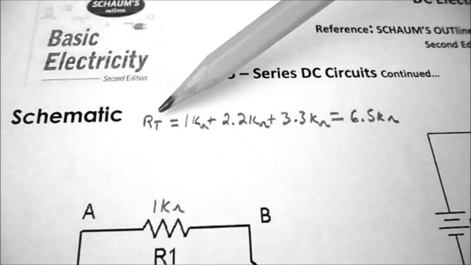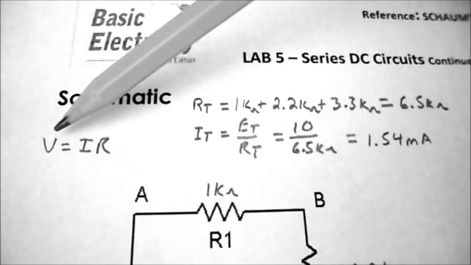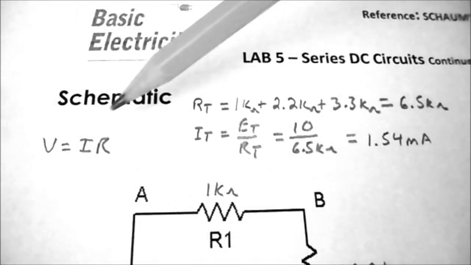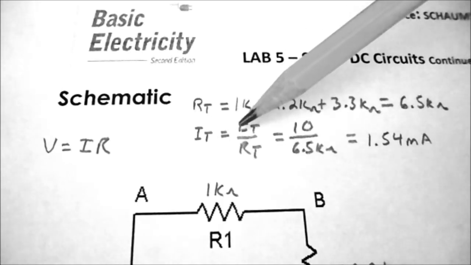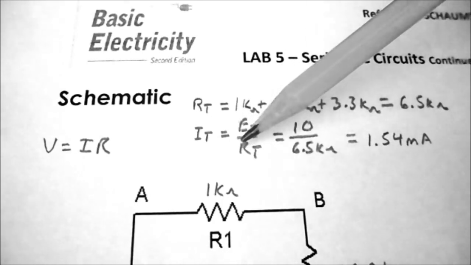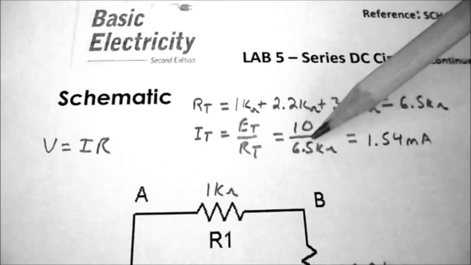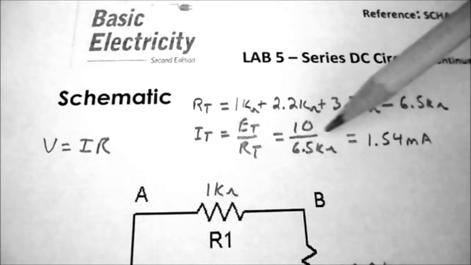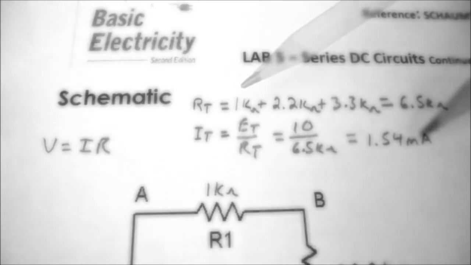So my first step was to find the total resistance of the circuit, RT. So my next step is to use Ohm's law, where V equals IR, rearrange my formula so that I equals V over R. So that's equal to my 10 volts divided by my 6.5K, which equals 1.54 milliamps.